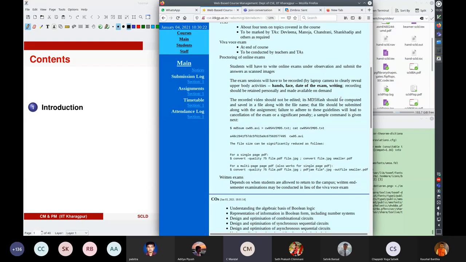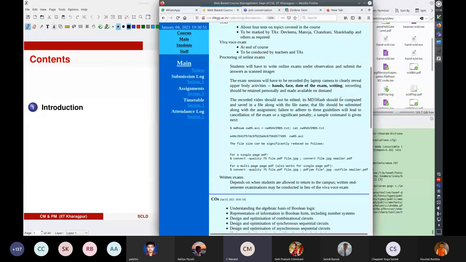I would suggest, if you answer in Xournal, your content will be neat. You will be able to use formulas, and your resulting file will also be very small because image files are larger. So I have no problem with that. You can use a stylus. You can use Xournal.